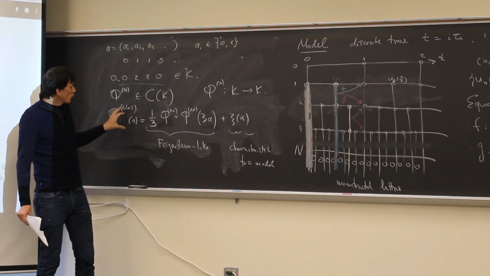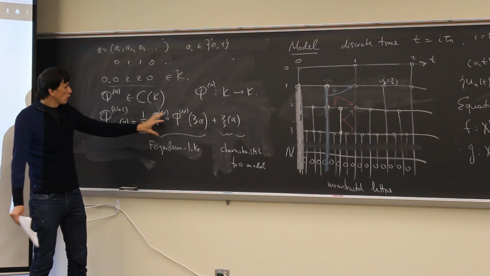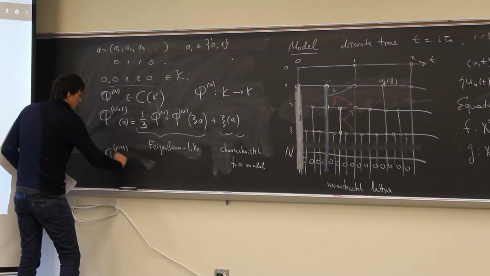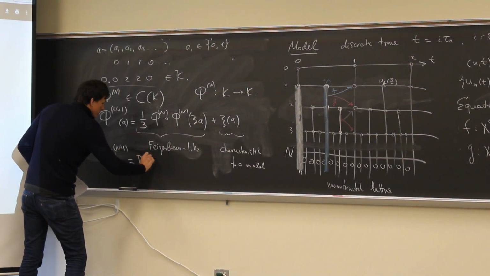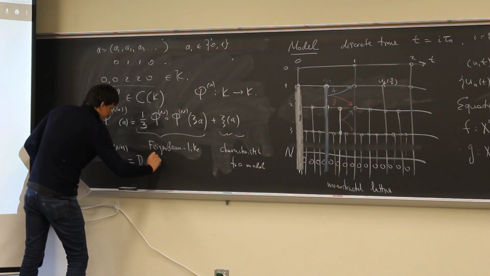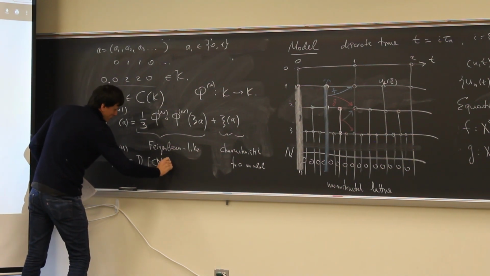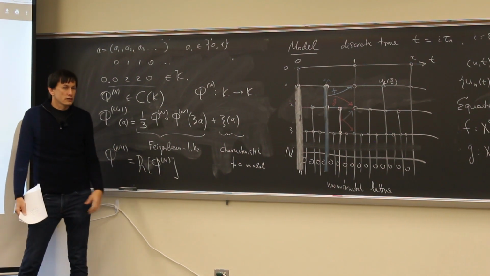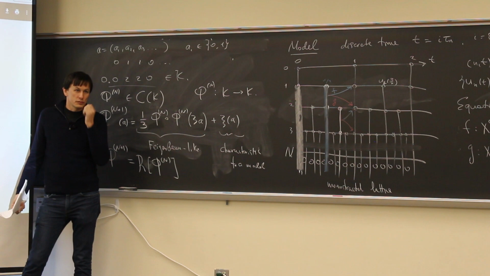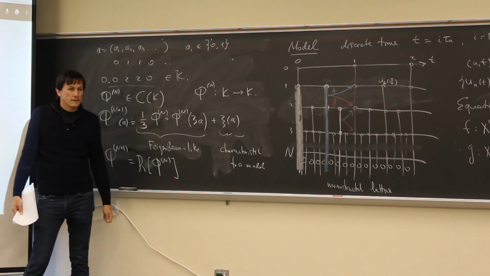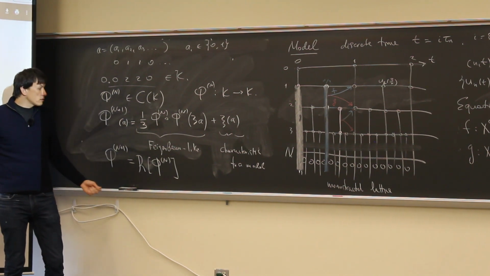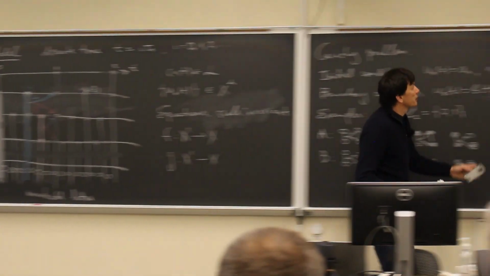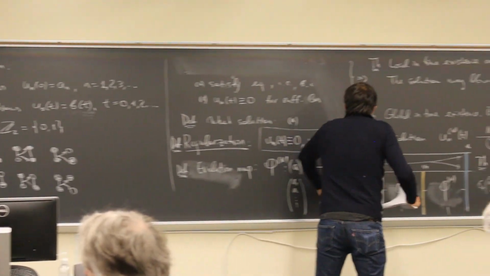This operation, which you can call the renormalization group operator, phi, I'm sorry, this transformation has a globally attracting fixed point. This you can prove just by brute force in case A.